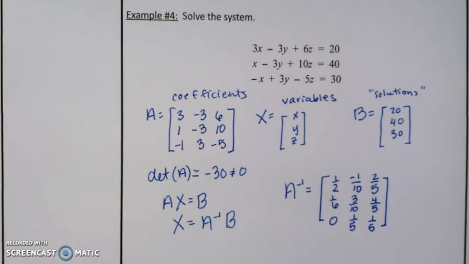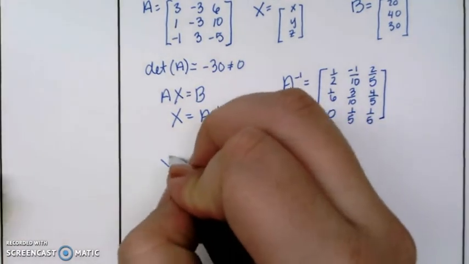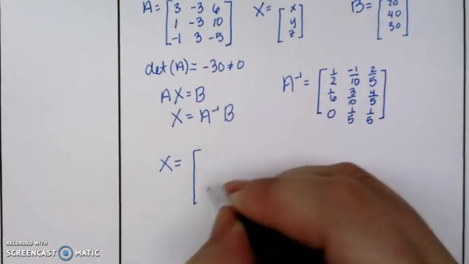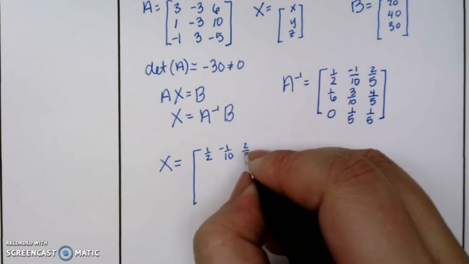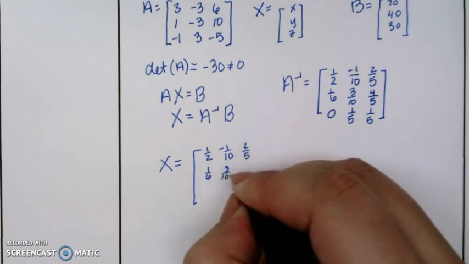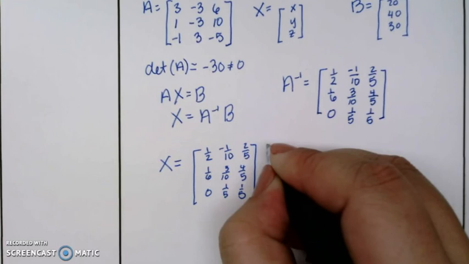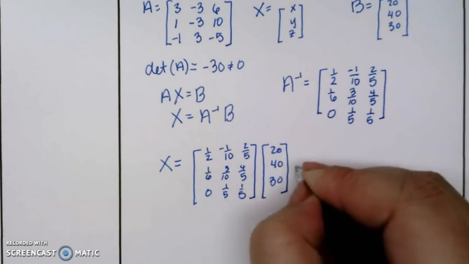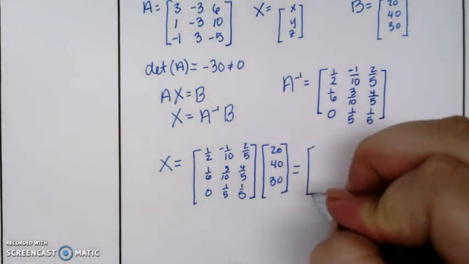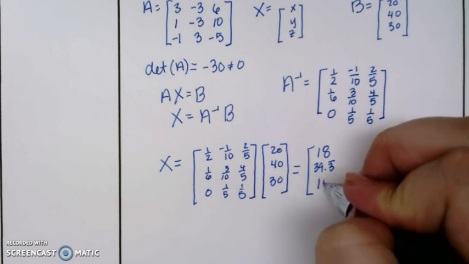All right, so then I can use our new matrix along with matrix multiplication to find that x equals 1/2, -1/10, 2/5, 1/6, 3/10, 4/5, 0, 1/5, 1/5 times 20, 40, 30, which gives us a resulting matrix of 18, 39.3 repeating, 14.